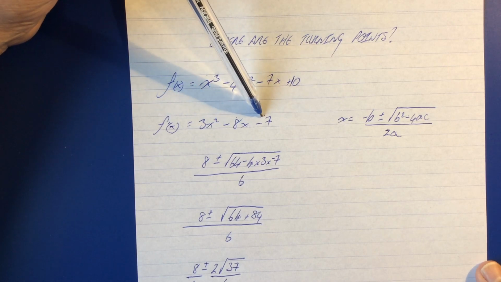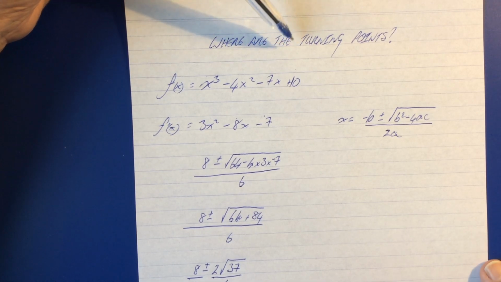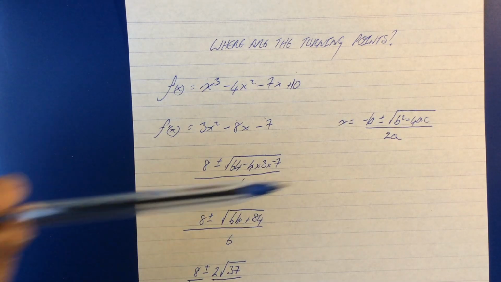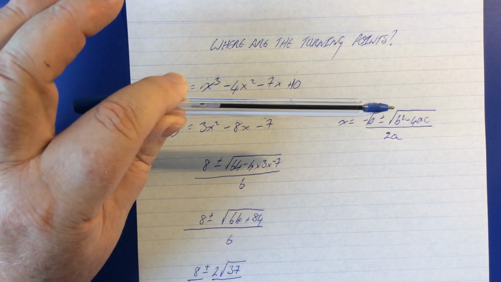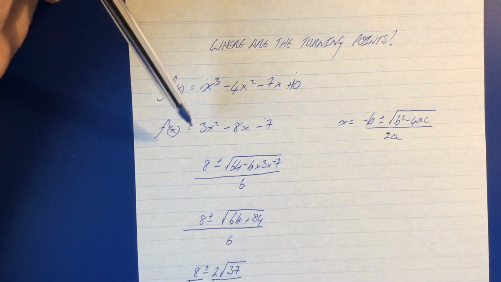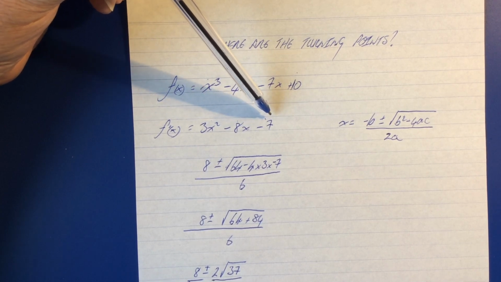Now, what has this got to do with the turning points? Well, the turning points of a cubic are where the gradient of that cubic is 0. And what a differential gives us is a rate of change.